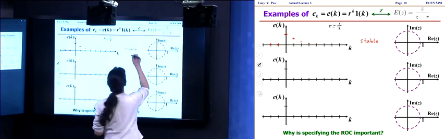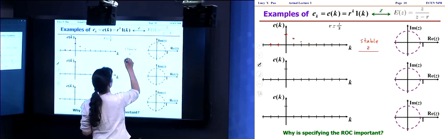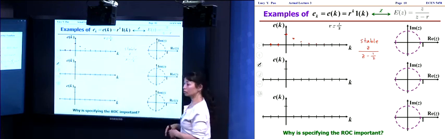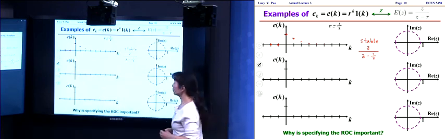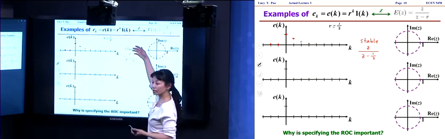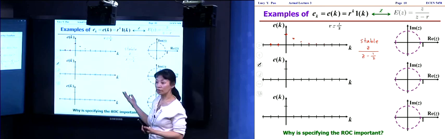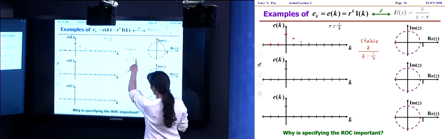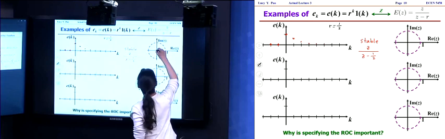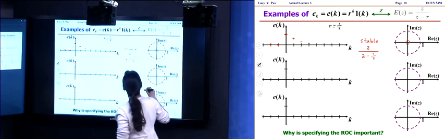In this case we have Z over Z minus one half. The definition of zeros and poles is similar to what you should be familiar with for Laplace transforms. All the z's where the numerator is equal to 0 are zeros of the transform, so there's a zero at z equal to 0.